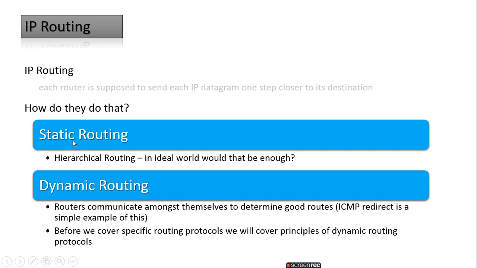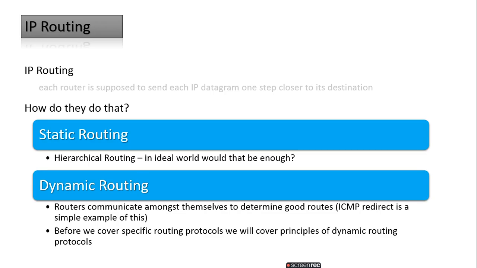That means you manually configure all these endpoints, all the destinations, in a router configuration. So it's the task of the network administrator to configure the entire hierarchy containing all the destinations in a single router. If you think about it, in an ideal world, would that be enough?